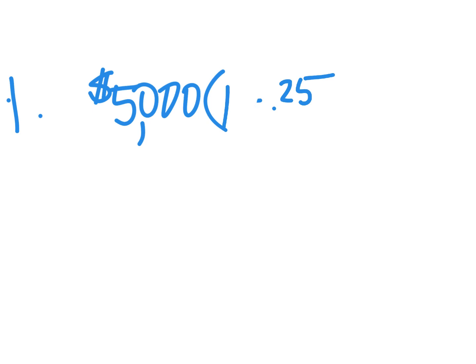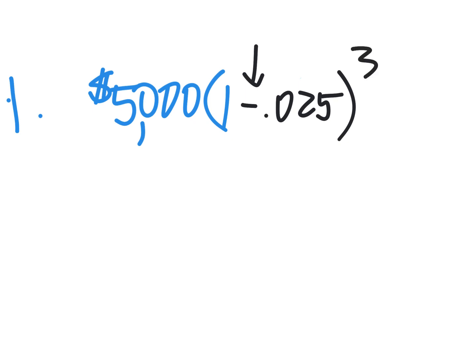So what should I put? 0.025, yes. And then what's in here, though? Remember, it depreciates. That's minus. That's like exponential decay. And last but not least, years. It must say years. 3 years. Boom. And then it just comes down to, can you put that in a calculator? See how easy this is?